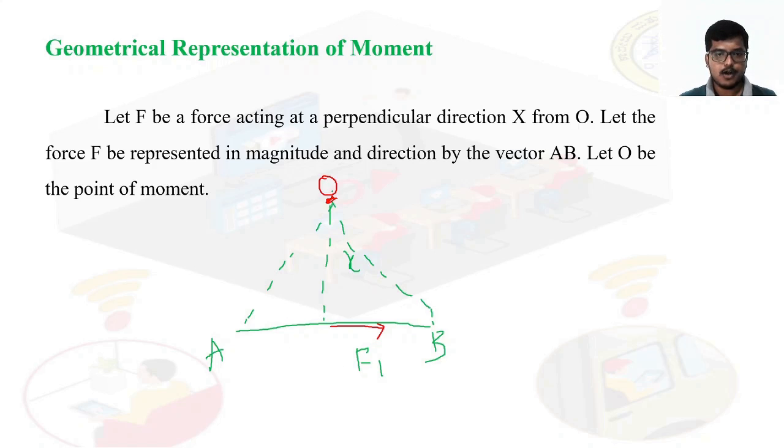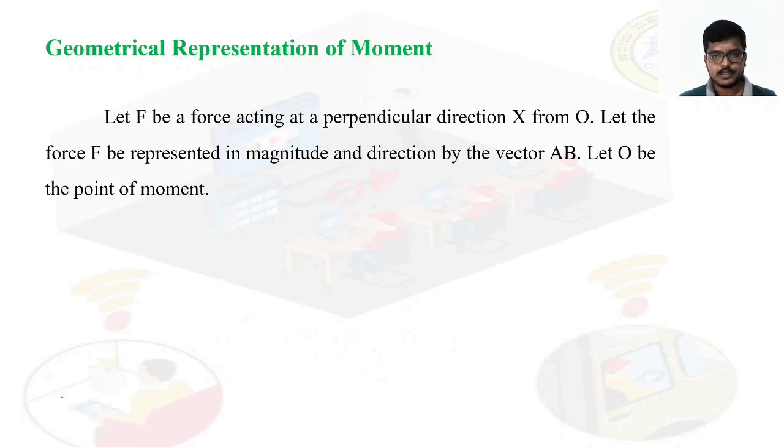Now I'll drop a perpendicular from O onto the line AB, which I'll take as C, or else I'll show you a diagram.